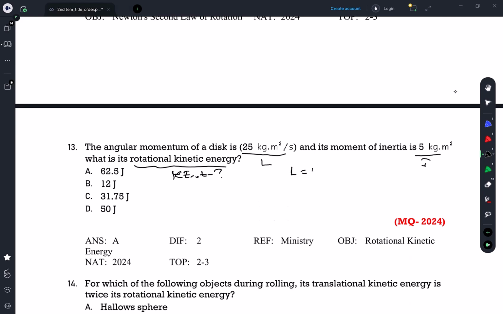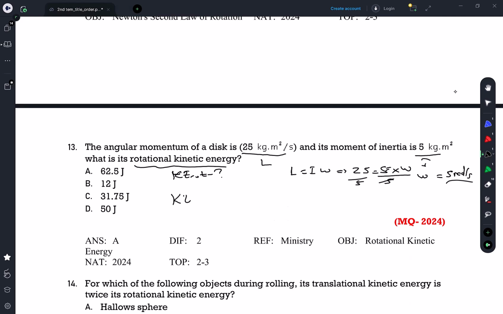L is equal to I times omega. So L is 25, I is 5. First calculate omega, divide both sides by 5. Omega is going to be 5 radians per second.